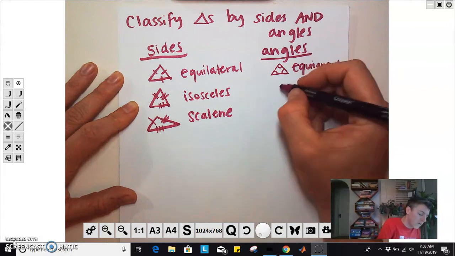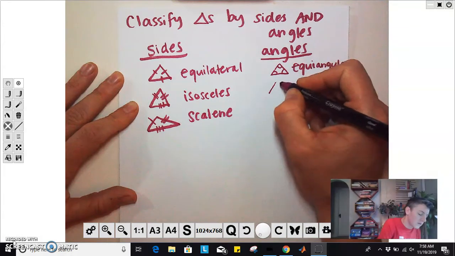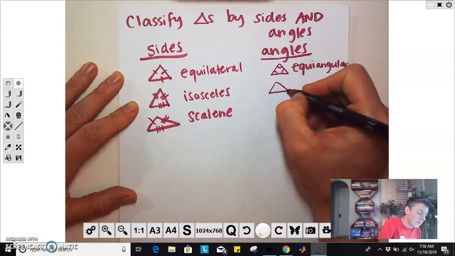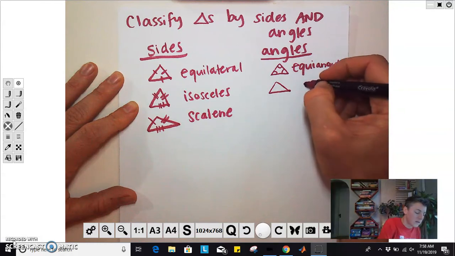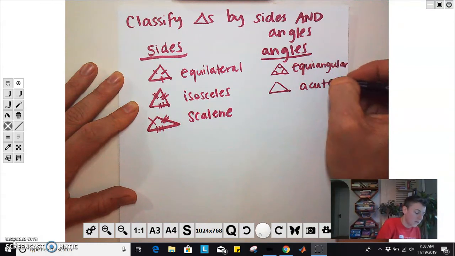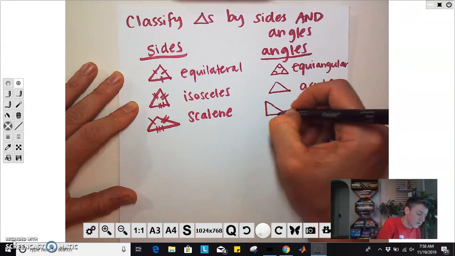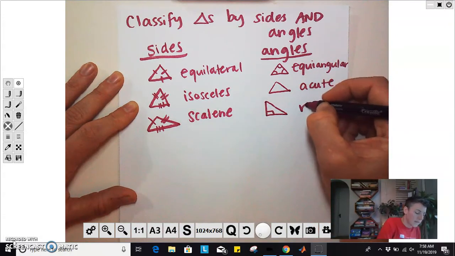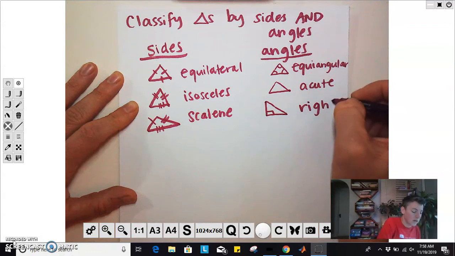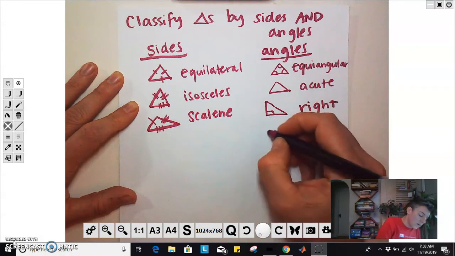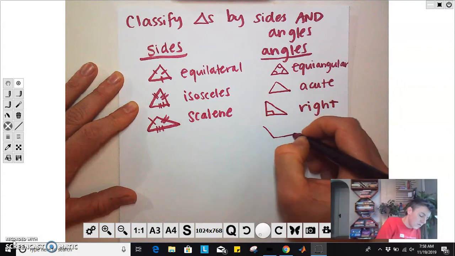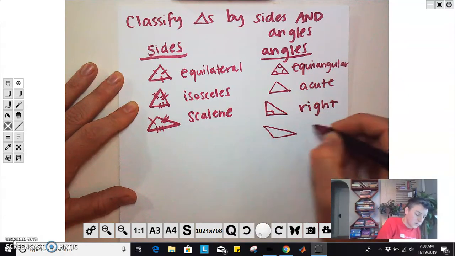We could have all of the angles be acute, they don't have to be equal. Or we could have one right angle, making it a right triangle. Or we could have one really big angle, call it obtuse.